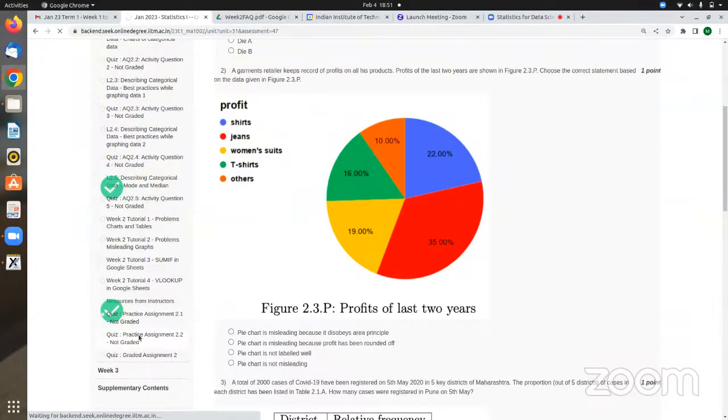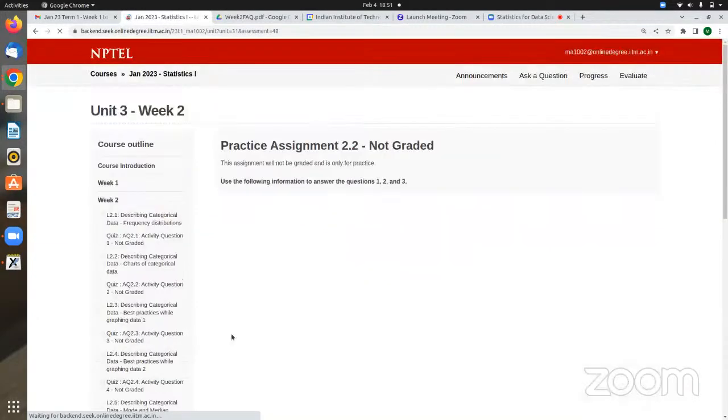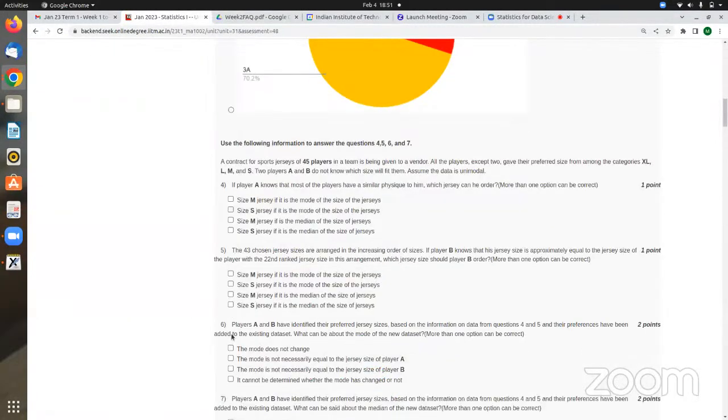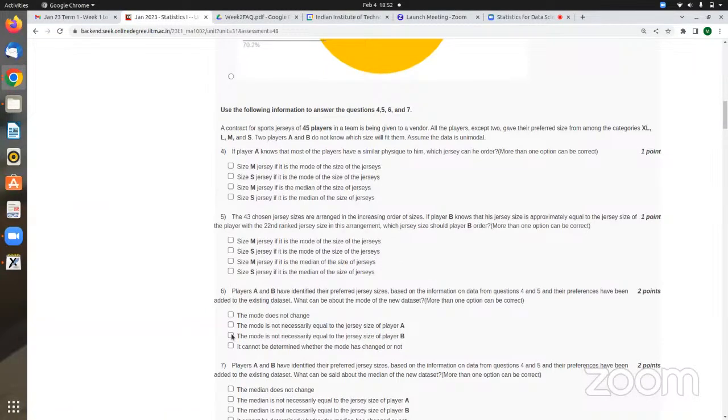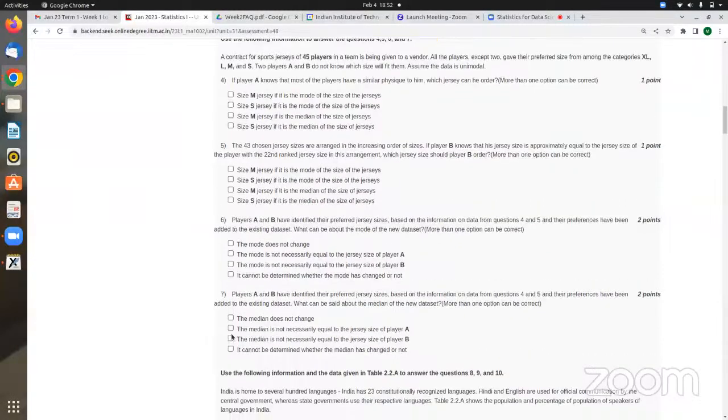But 5 and 6 are based on the same information. Players A and B have identified their preferred jersey sizes based on the data from questions 4 and 5, and their preferences have been added to the existing data set. What can be said about the mode of the new data set?